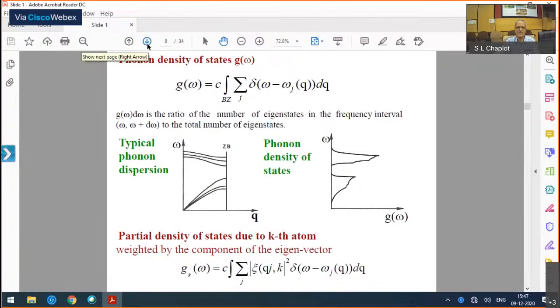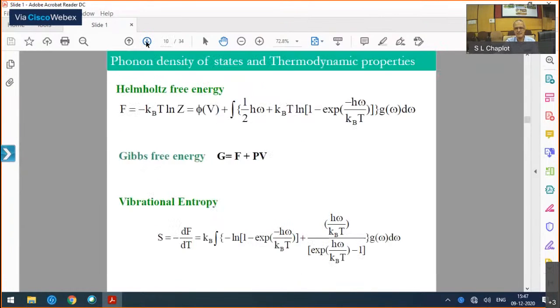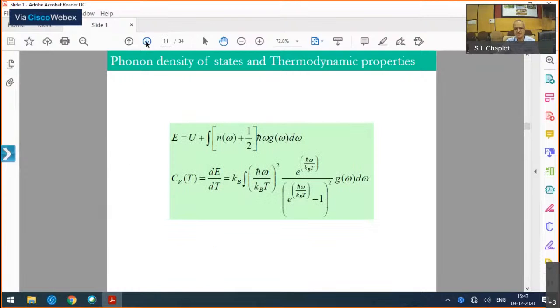And that is useful for many experiments where you don't really need all the details of the phonon spectrum, but a single representative number like the Debye temperature is good enough. In the case of specific heat, we know that specific heat is zero at zero temperature, then it increases slowly as T cubed as a function of temperature, and then saturates at some number at what is called the Debye limit. So somewhere there is a Debye temperature in the process.